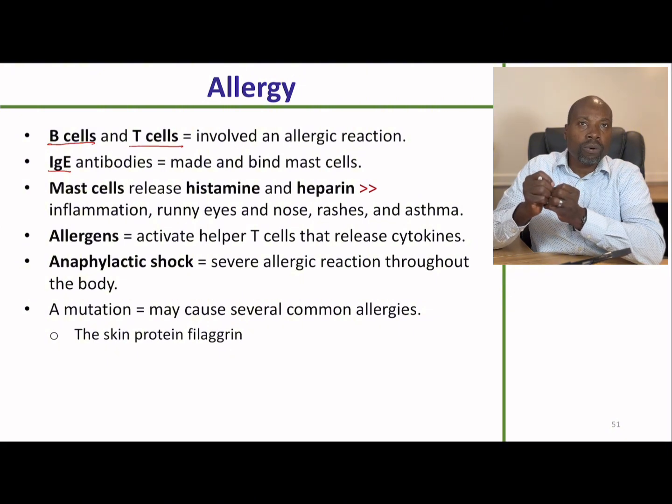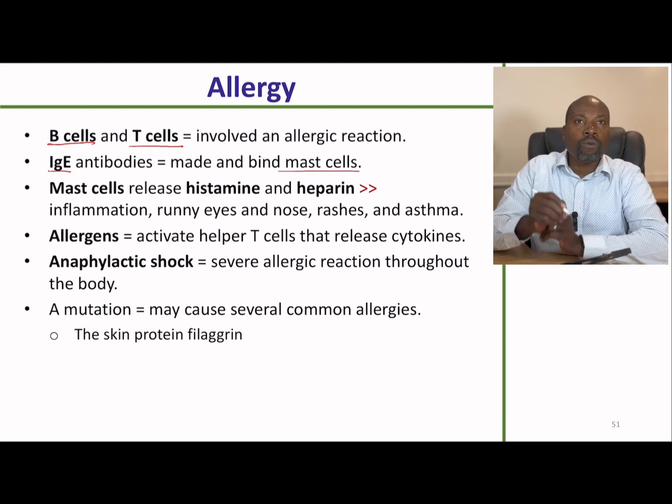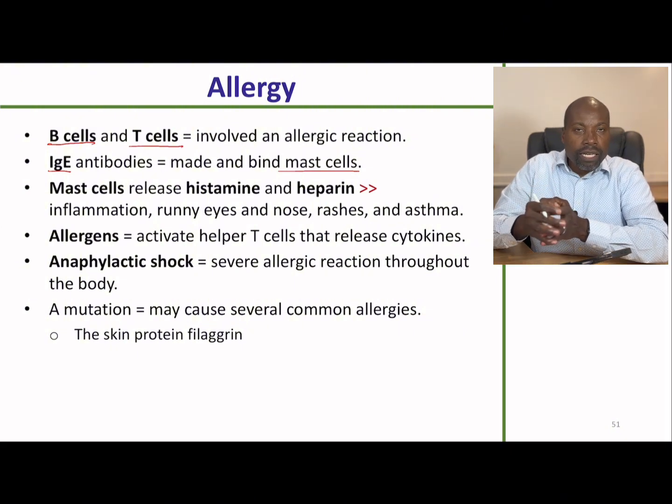How are they going to play a role in allergic reactions? By binding on the surface of mast cells. Okay? Mast cells are a type of white blood cell whose role is heavily associated with an allergic reaction. How so?